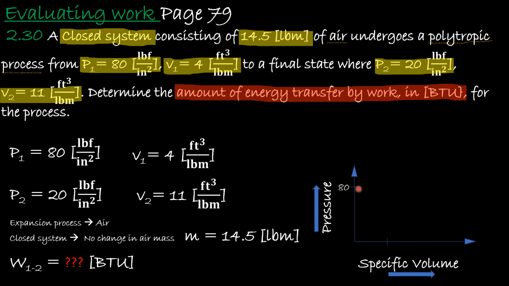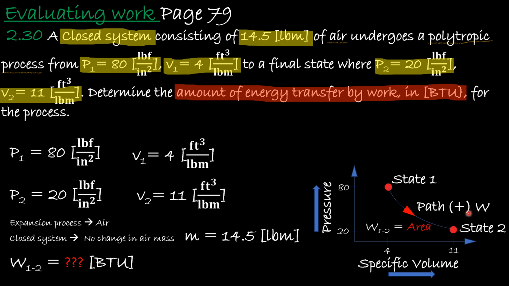So here we had the pressure 80 and the specific volume is 4. That's state 1. And here the pressure decreased to 20 and the specific volume increased to 11. That's state 2. So as you can see, we're going from state 1 to state 2, and the path goes from the left to the right direction.